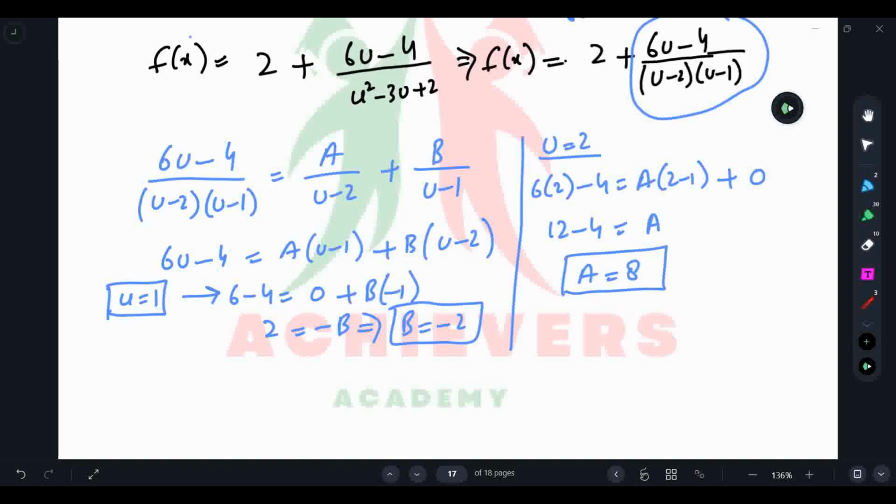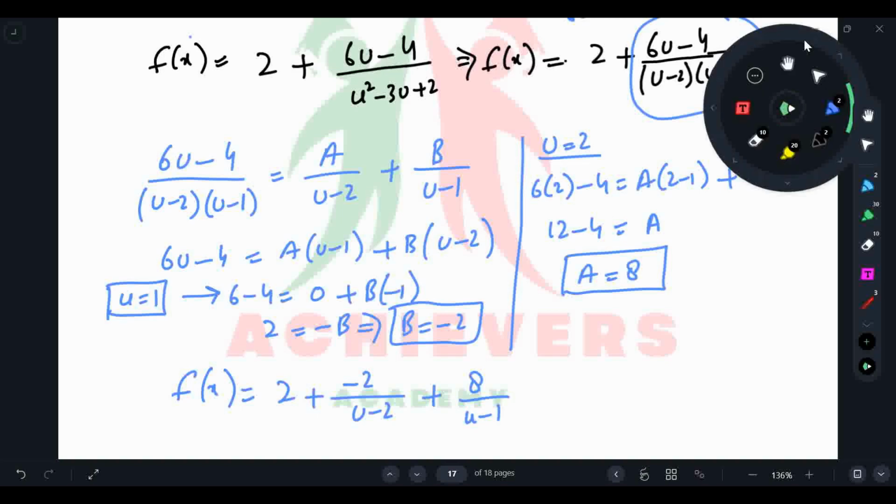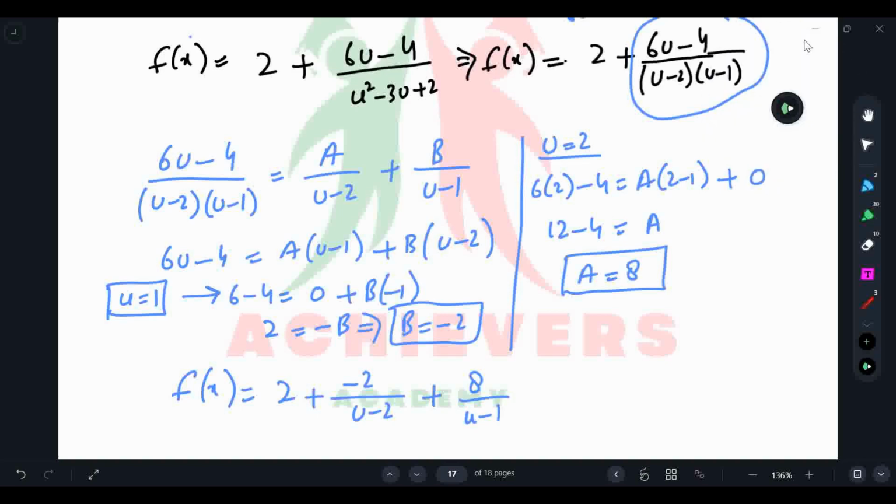Now it means that we can write our f of x as 2 plus minus 2 by (u minus 2) plus 8 by (u minus 1). I hope that the concept is clear till here.